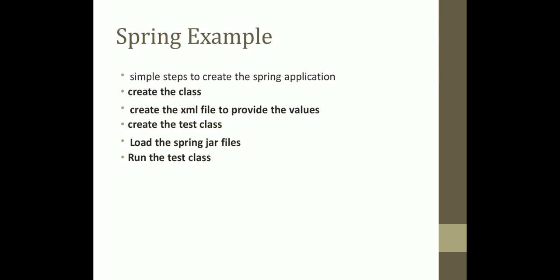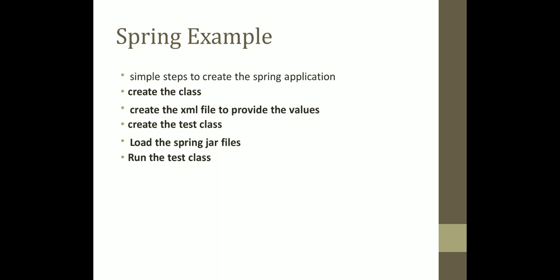Now for examples: to create any Spring application, we just need to create the class, create the XML file, create the test class, load the Spring jar files, and run the test class.